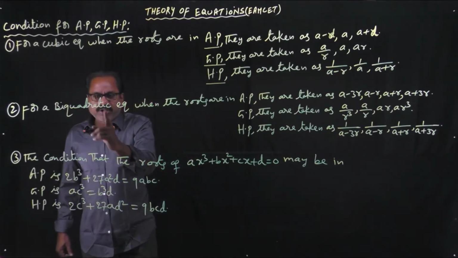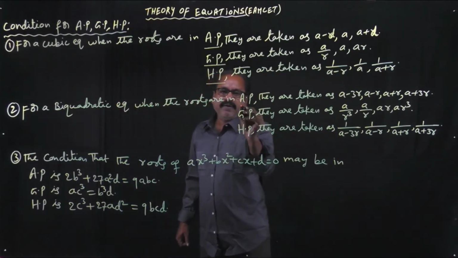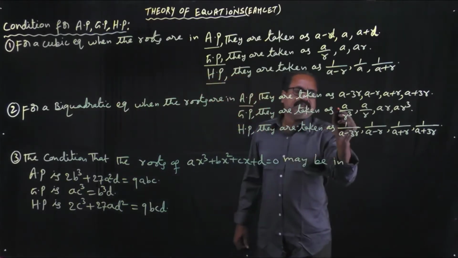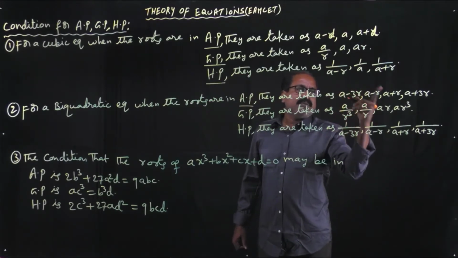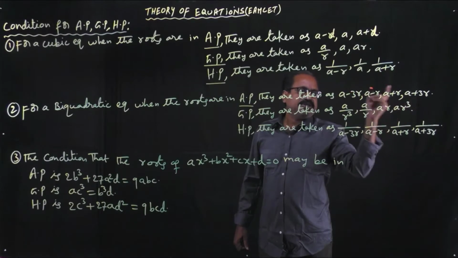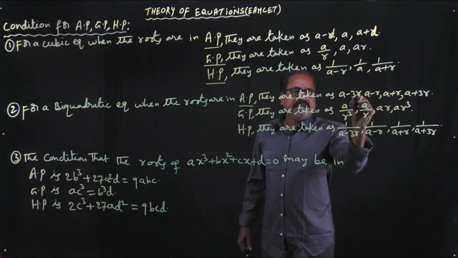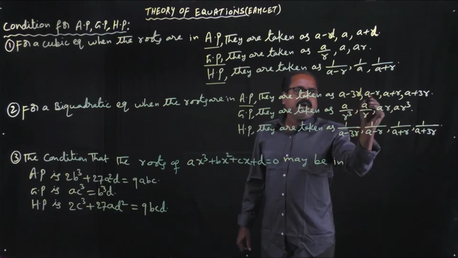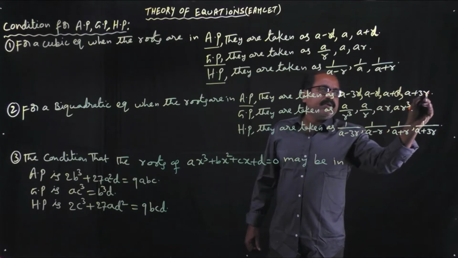For a biquadratic equation, when the roots are in AP, they are taken as a minus 3r, a minus r, a plus r, a plus 3r, or a minus 3d, a minus d, a plus d, a plus 3d.